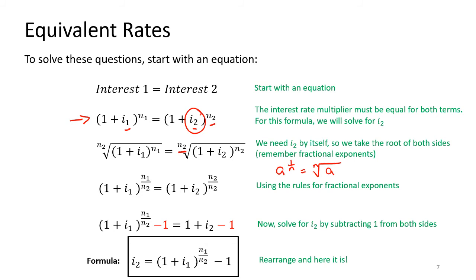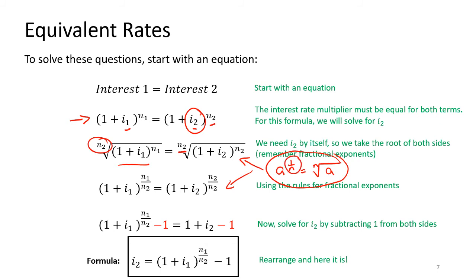So I'm applying that same principle to go from here to here. So what this becomes is everything under the root sign, 1 plus i1 to the exponent n1, and then you have to divide it by n2, because it's 1 over n.